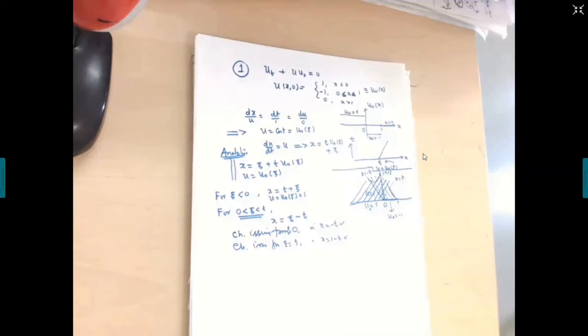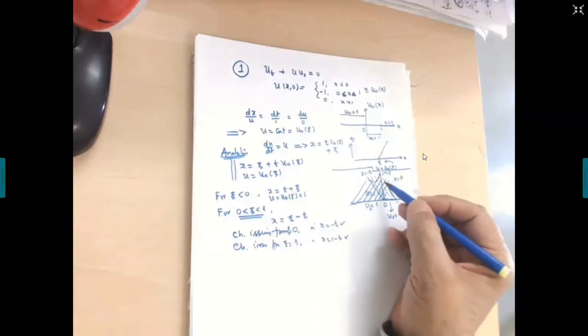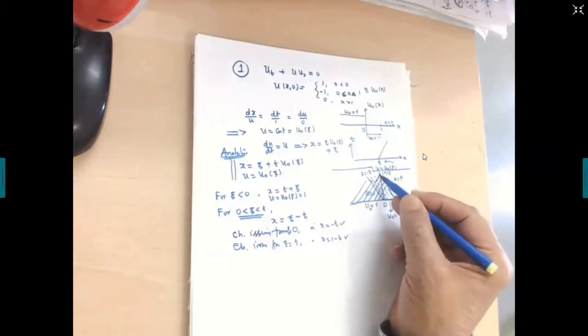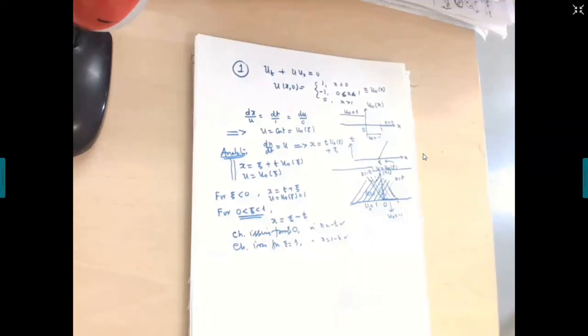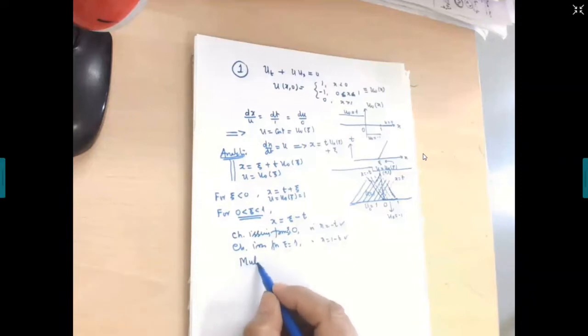Yes or no? Yes, sir. So this is your multi-valued region. Am I right? What is the multi-valued region? Can you tell me exactly?